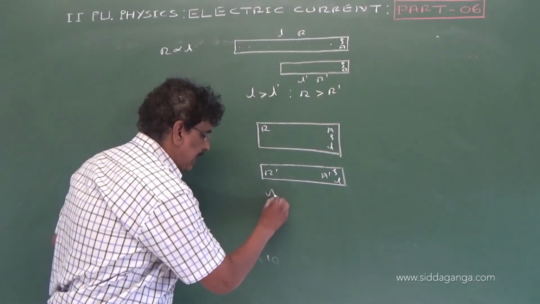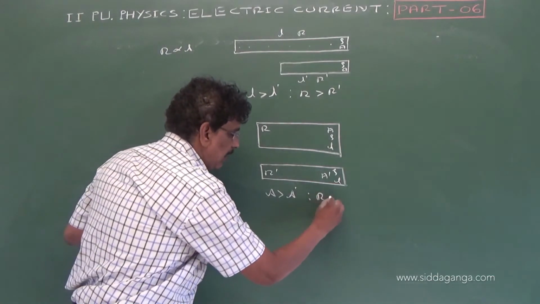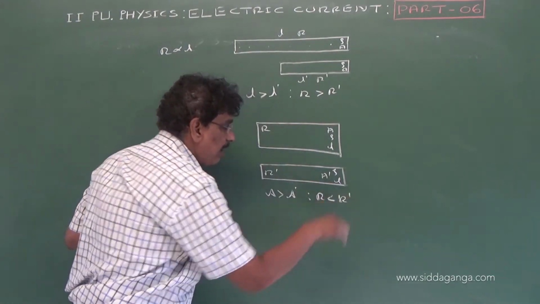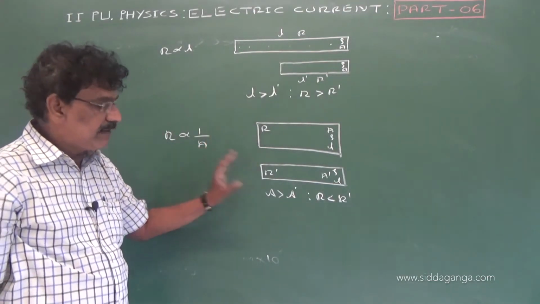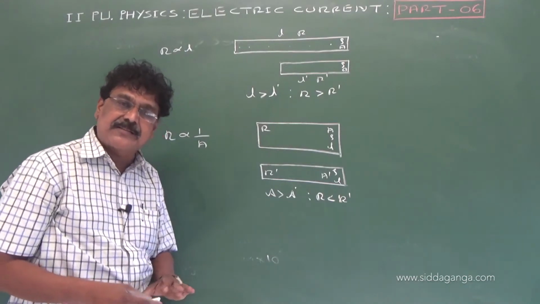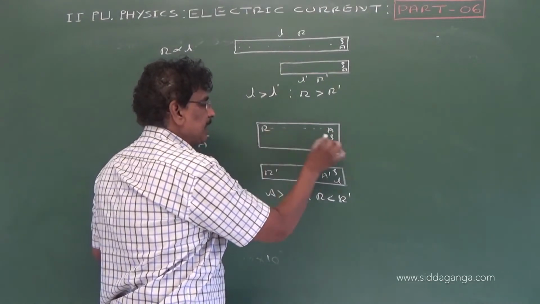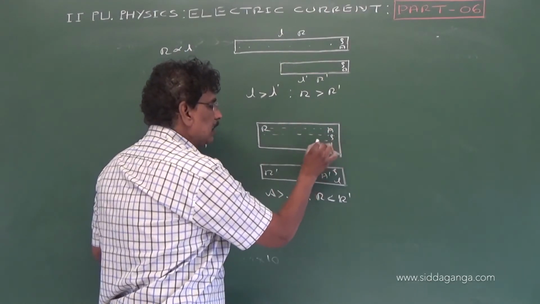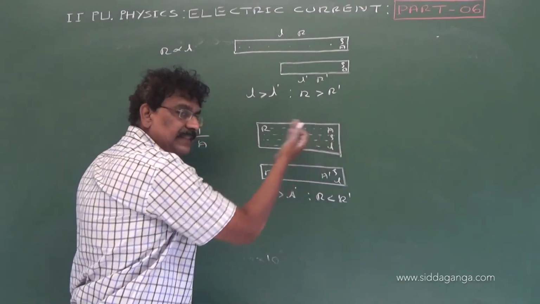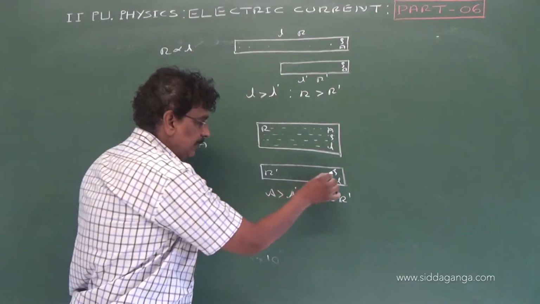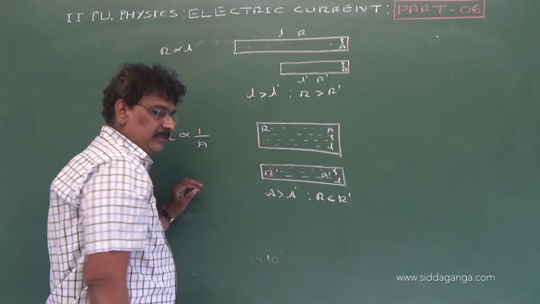Now, as A is greater than A dash, R is less than R dash. Here, it offers small resistance, it offers greater resistance. It is because here the electron will find more number of paths to flow from one end of the conductor to the other end. Here it finds fewer paths.